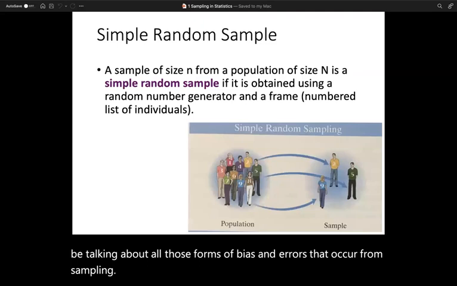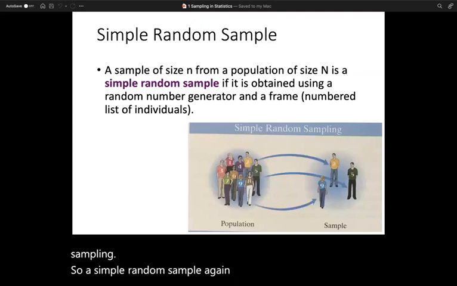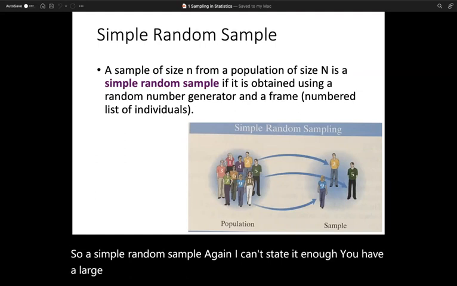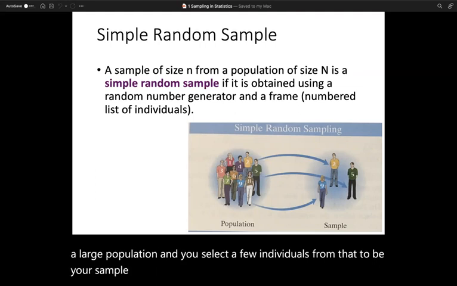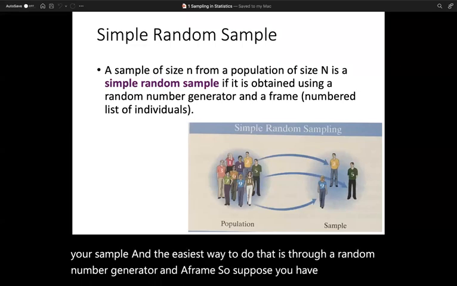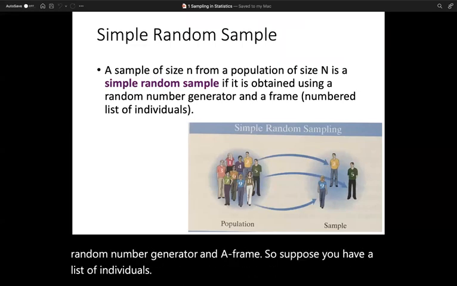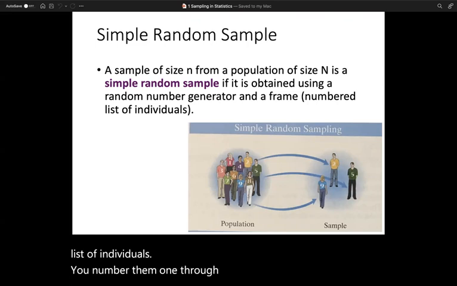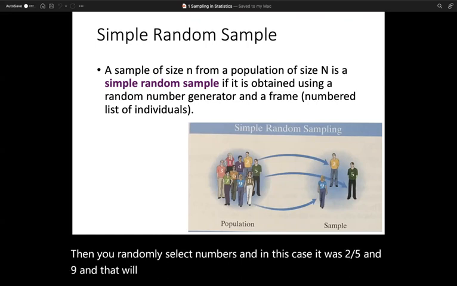So a simple random sample, again, I can't state it enough. You have a large population and you select a few individuals from that to be your sample. And the easiest way to do that is through a random number generator and a frame. So suppose you have a list of individuals, you number them 1 through 9, then you randomly select numbers. In this case, it was 2, 5, and 9, and that will become your sample.